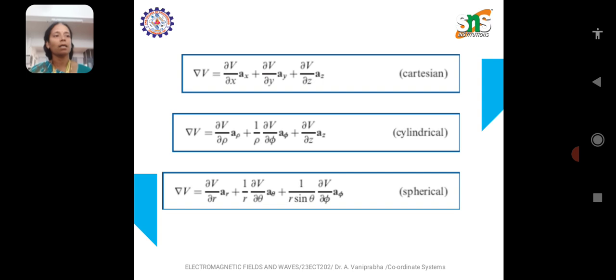And if it is an iron ball, then it can be correlated with the volume charge density. Therefore V of r is equal to 1 by 4 pi epsilon naught times the volume integral of rho v dv divided by r. So these are the various charge distributions of different elements like a wire, a sheet or a sphere. Based on the structure, the charge density also varies.